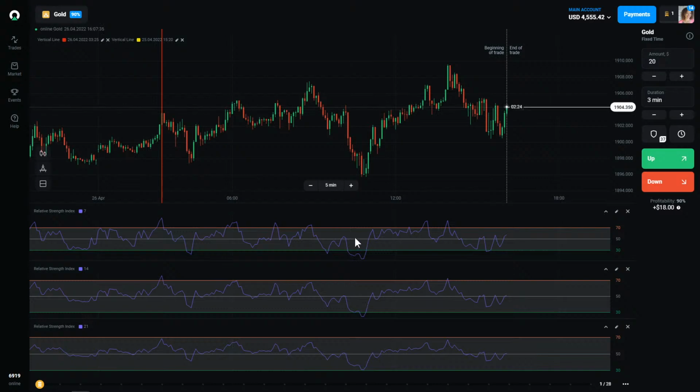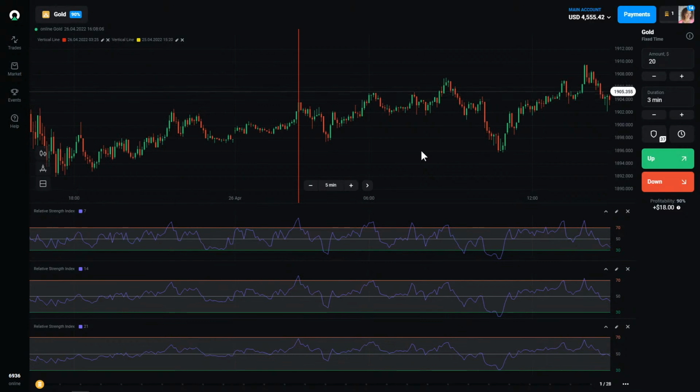This is 7 RSI. The 21 RSI, what we want to see is for the line to approach the 30 level. And at the same time, we want the 14 and 7 RSI to already be in the oversold area. And we want to see the line crossing the 30 mark from the bottom up. This is a signal to enter an up trade. As you can see, the price increased.